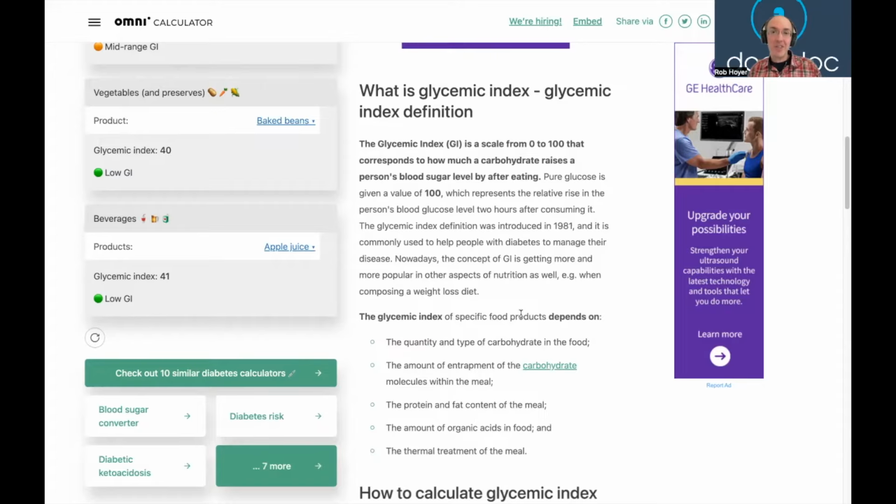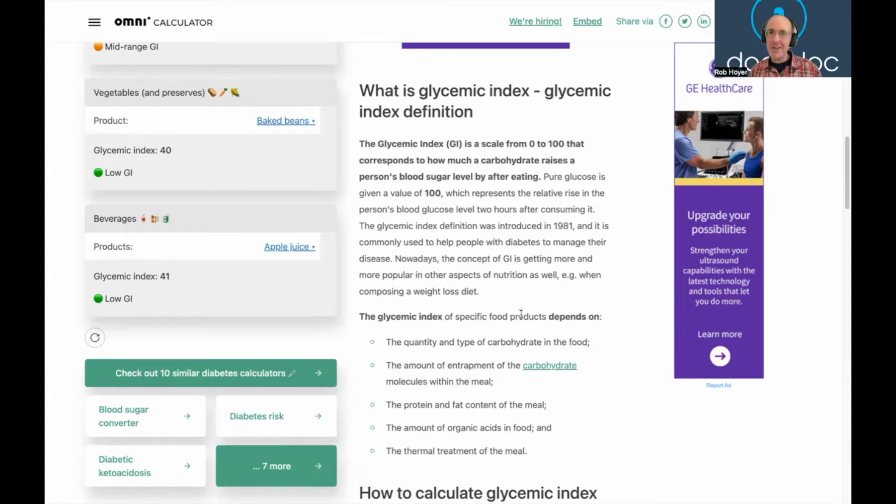Then to study a specific food, for example beets, we would give 50 grams of beets, which is quite a bit, about 4 cups of beets, and then study the blood glucose for 2 hours after eating them.